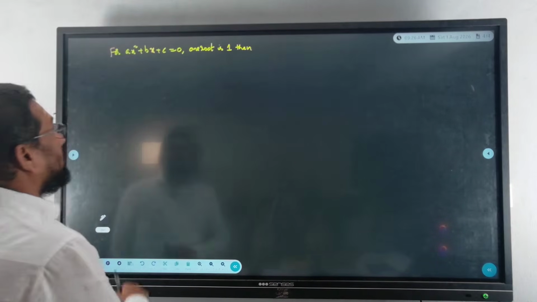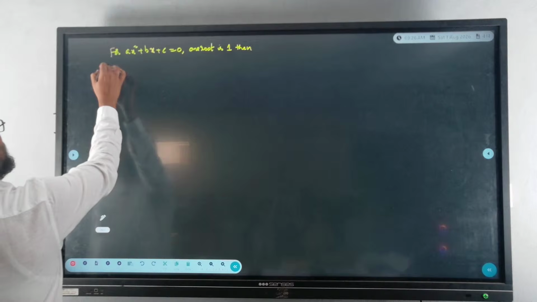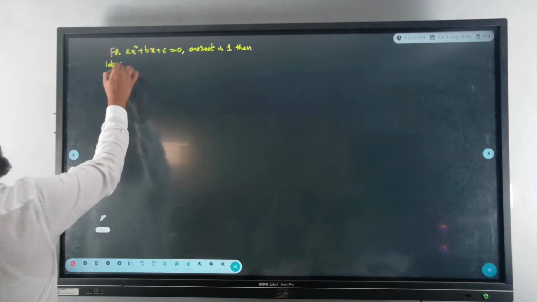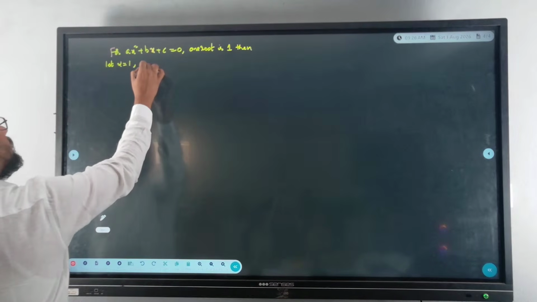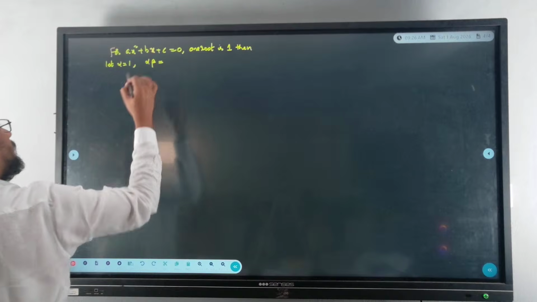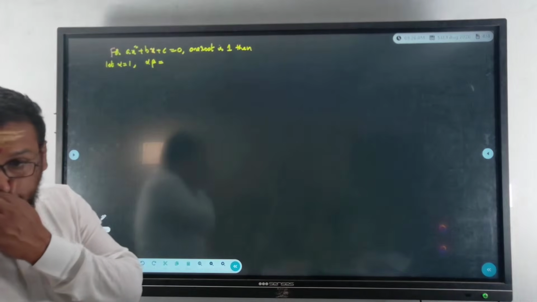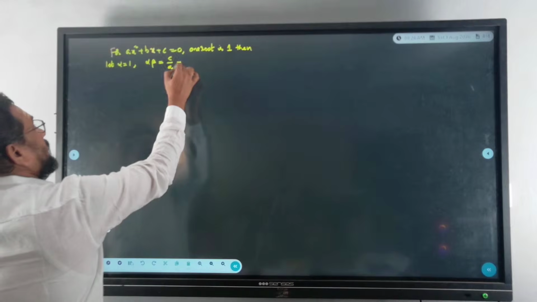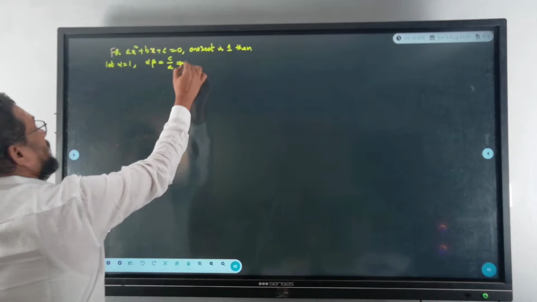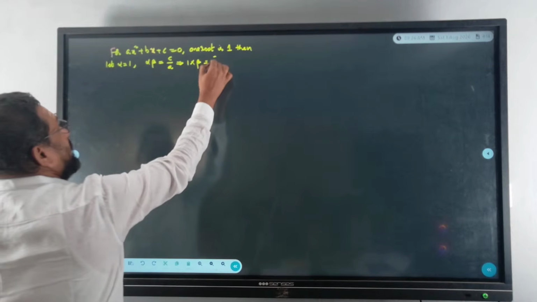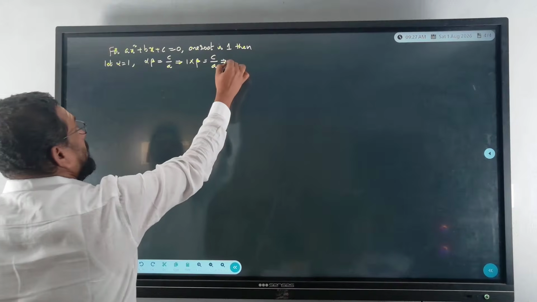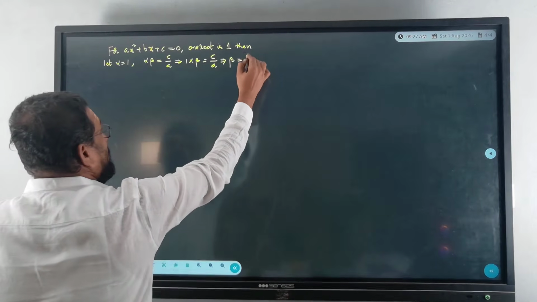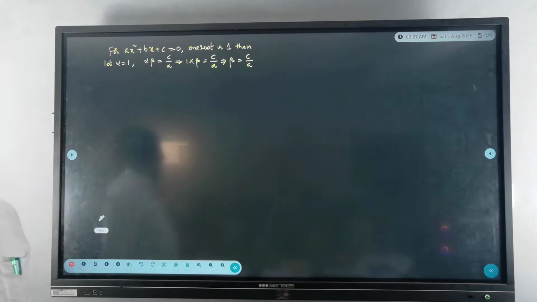Let alpha be equal to 1. Alpha plus beta is minus b by a, and alpha into beta is equal to c by a. That implies beta is equal to c by a.